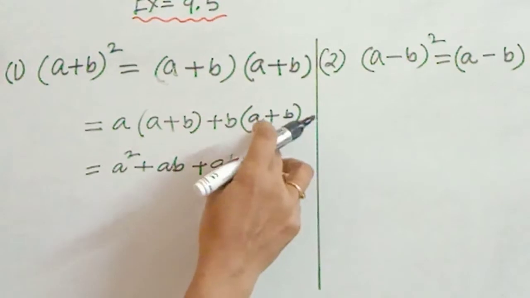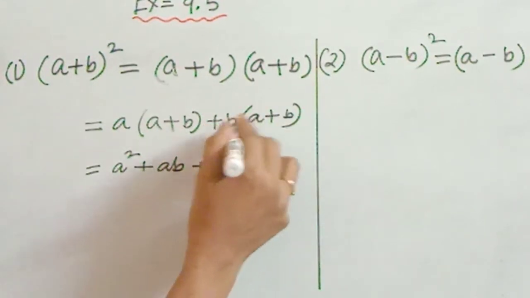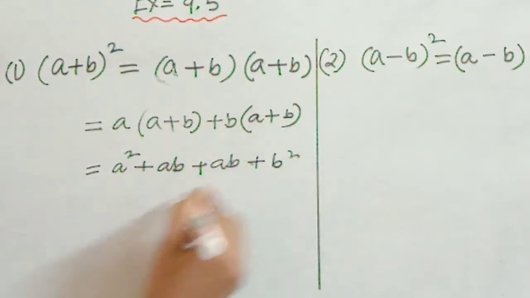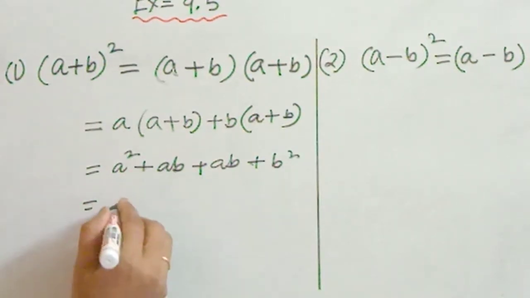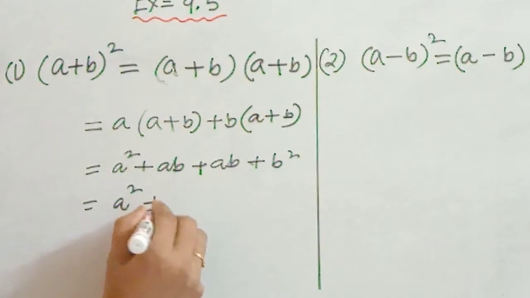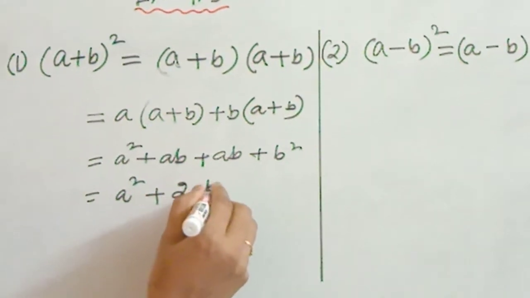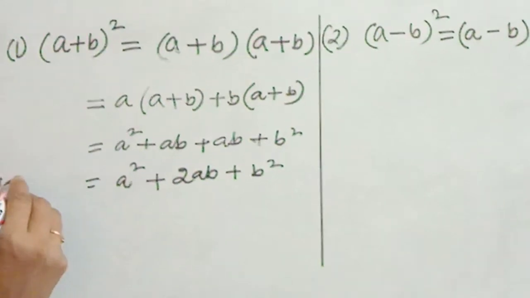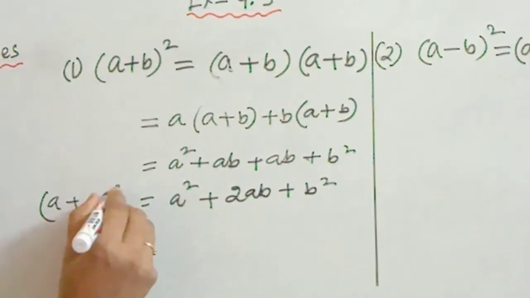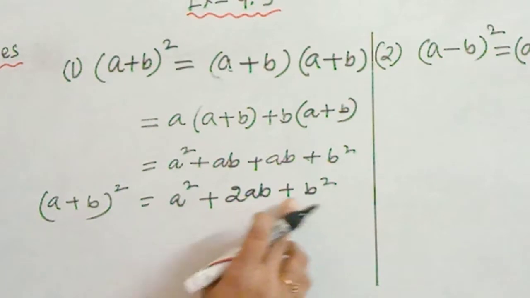Plus b into b, b square. Now see, two like terms are there. So you will write a square plus 2ab plus b square. So you can write that (a plus b) whole square is equal to a square plus 2ab plus b square.